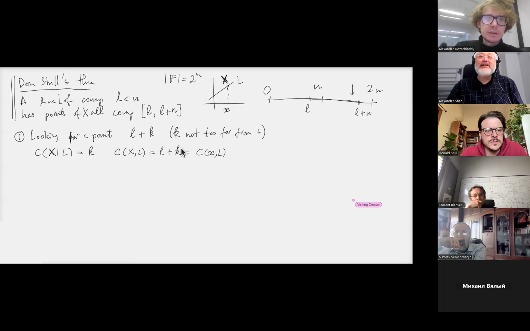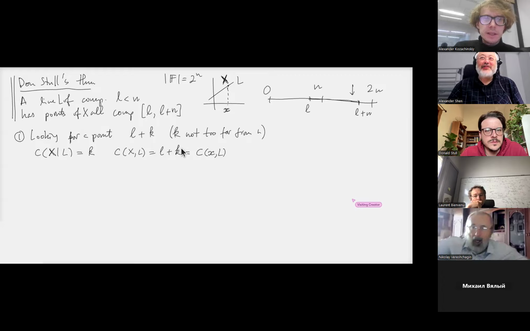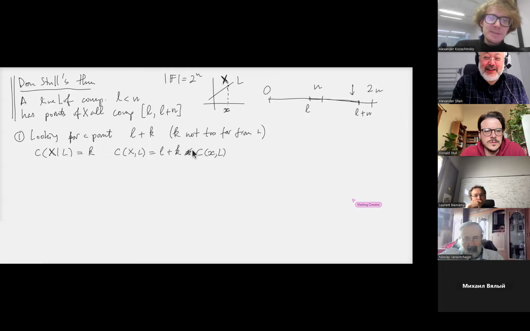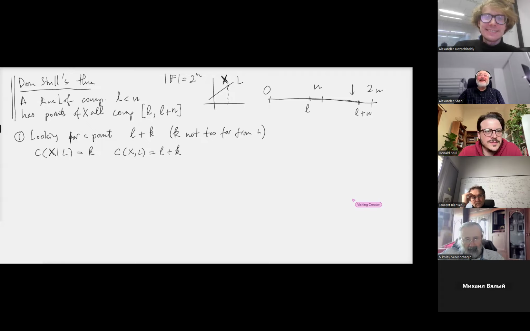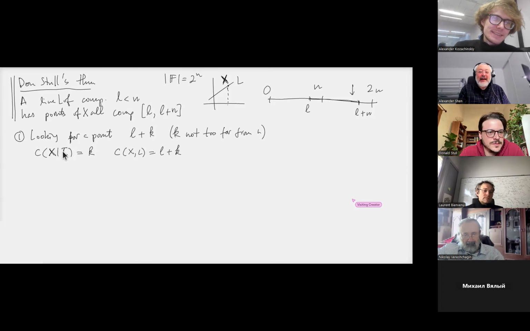The only reason is what Vereshchagin suggested, to consider the first coordinate. No, we don't need the first coordinate. Okay, let's do without the first coordinate. Kolya will forgive us for that. So now we consider the point which has conditional complexity k, and the pair has complexity L plus k. So why does it exist? It's a stupid question.